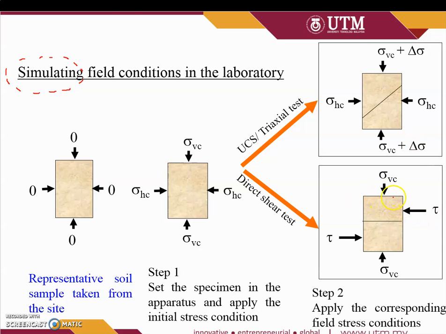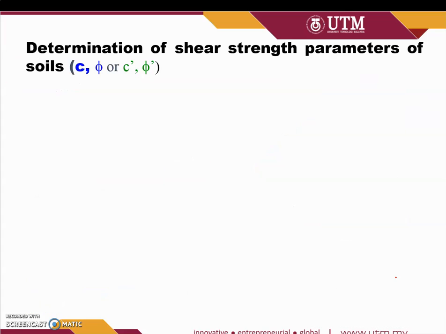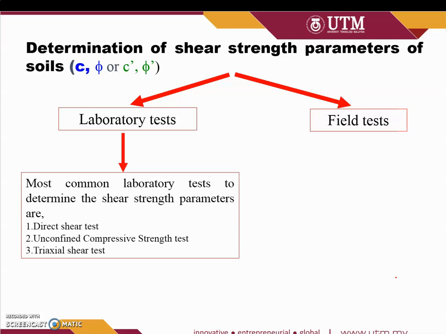The apparatus is designed with a designated failure line, but we still apply the load, just differently. Here we have tau, or shear strength, and also a vertical confined load or stress.